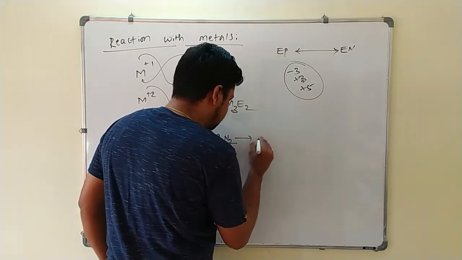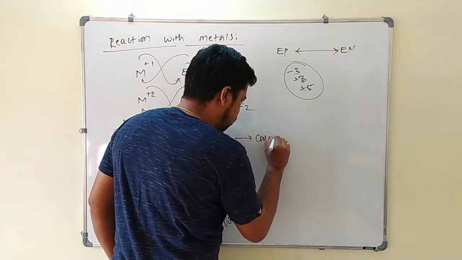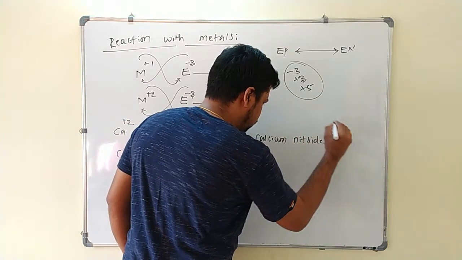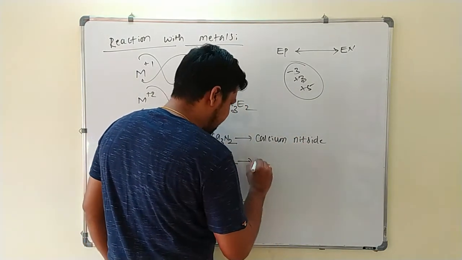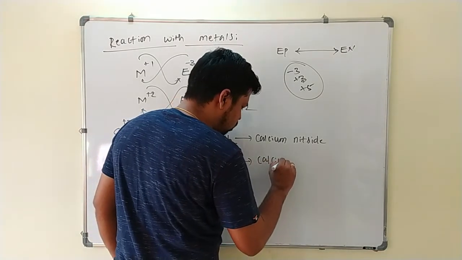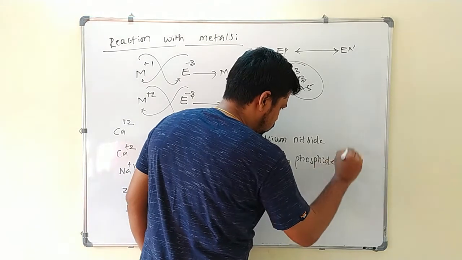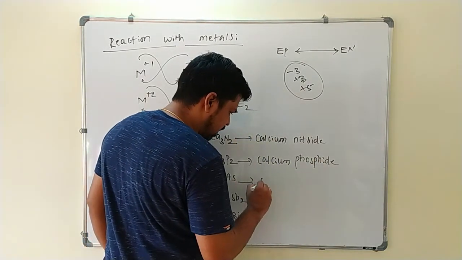This is calcium nitride. This is calcium phosphide. This is sodium arsenide.